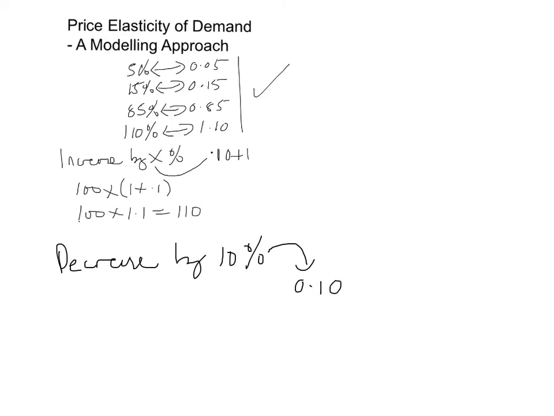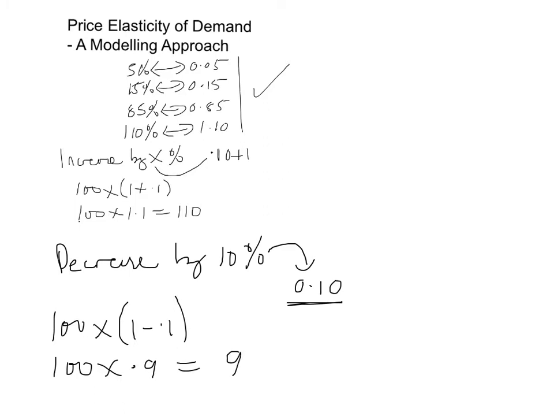And instead of adding it to 1, we take it away from 1. So here's our something, which is 100 times 1 minus 0.1. Just doing the bit in the brackets first, it's going to be 0.9. 100 times 0.9 is 90. And that represents a 10% reduction of 100.